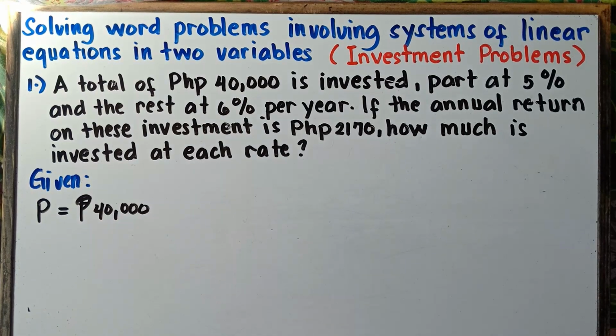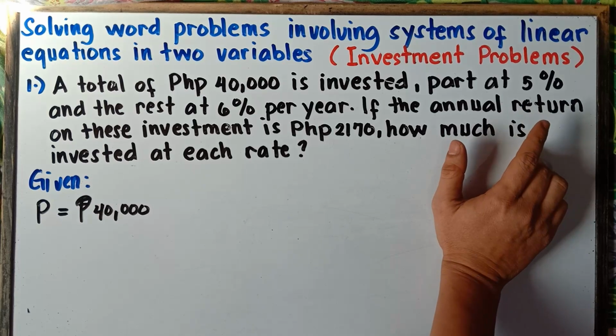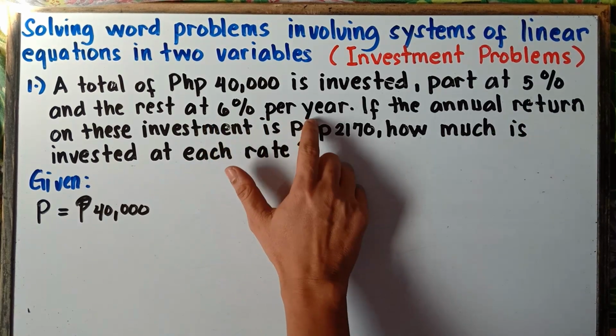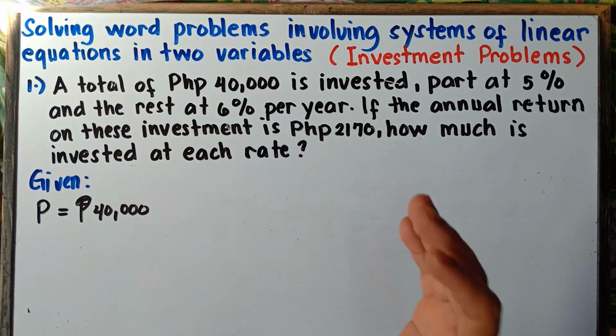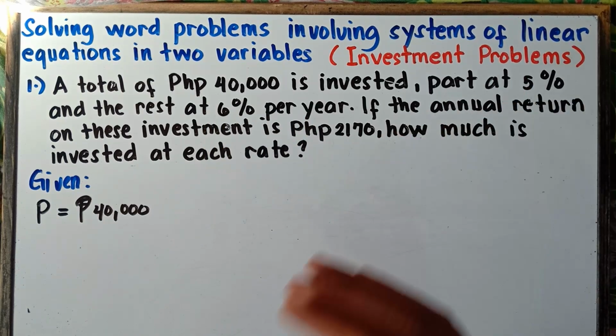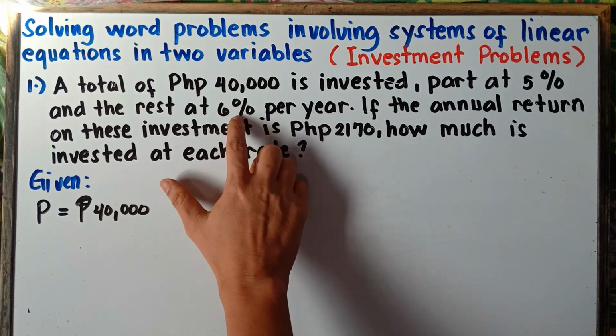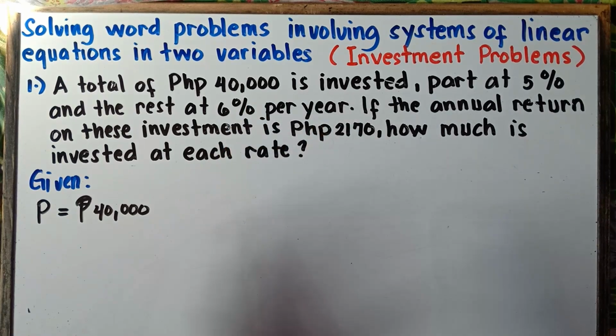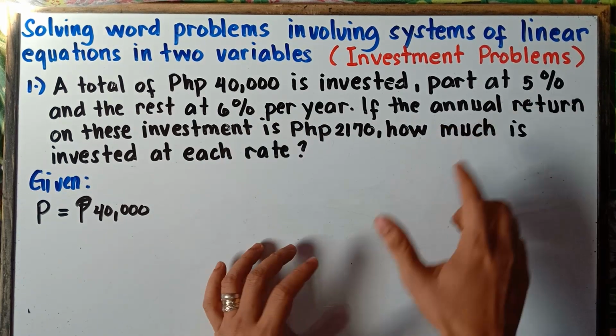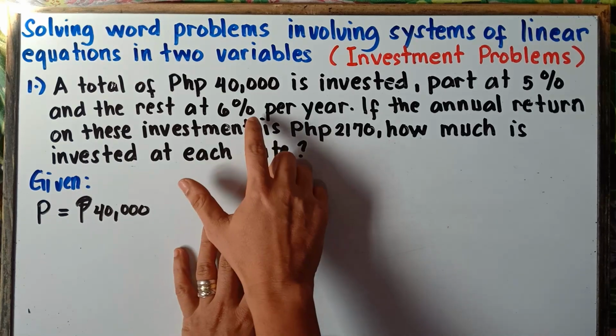Alright, and then let's continue. Part at 5% and the rest at 6% per year. So therefore, class, there is an amount invested at 5%. There is an amount invested at 6% per year. But we don't know what is the exact amount invested at 5%, or what is the exact amount invested at 6%.